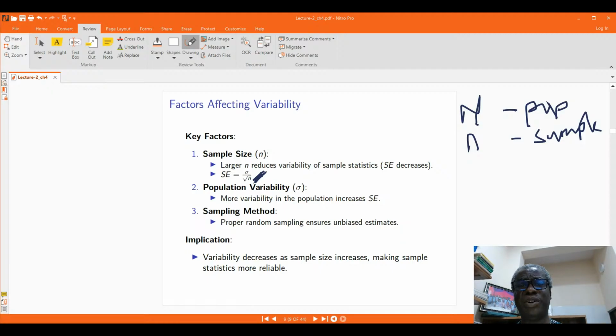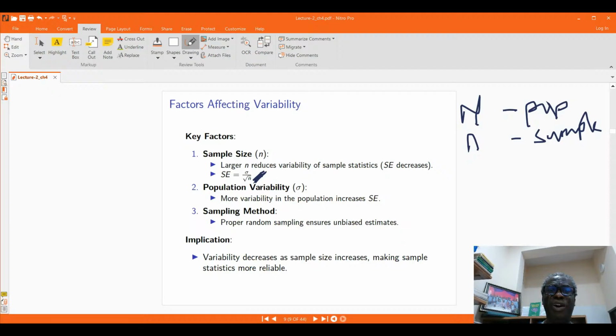So if that standard deviation varies widely, in other words you have bigger variability in the population, then of course with your sample size fixed, that will make the standard error increase.